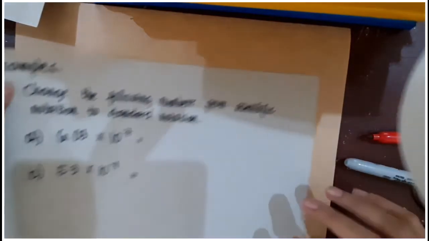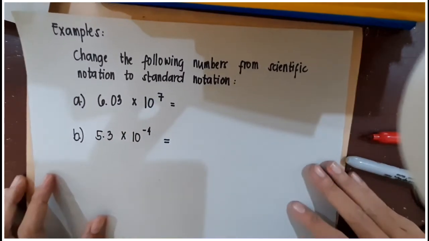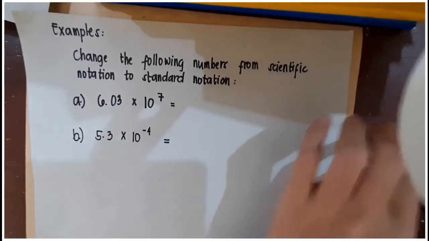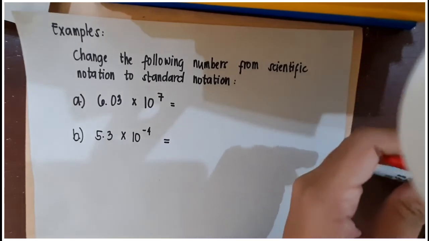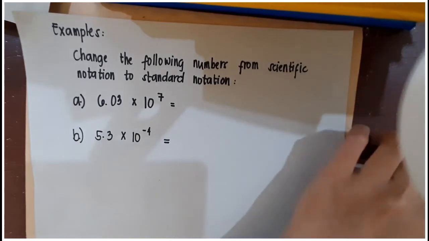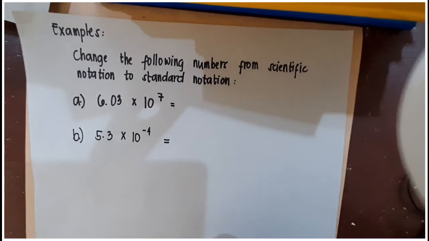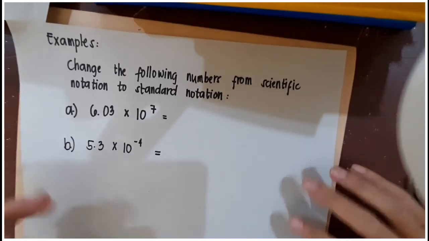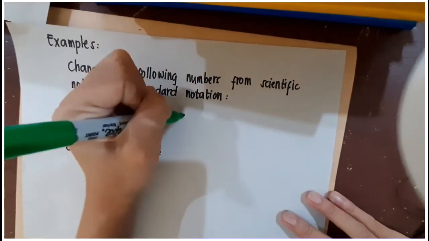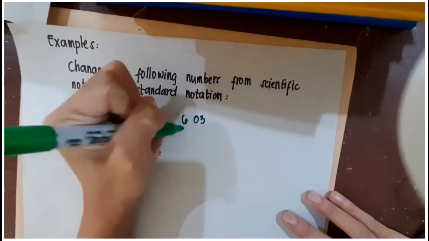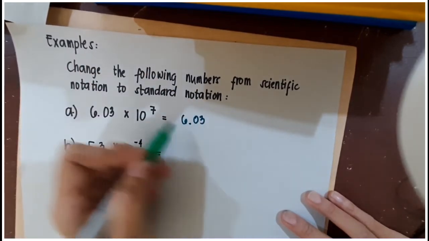Okay, and then what about changing the following numbers from scientific notation to standard notation? You have 6.03 times 10 raised to 7. So how do you write this in standard notation? You write 603. Your decimal point is here.